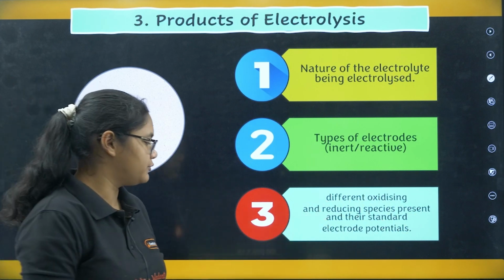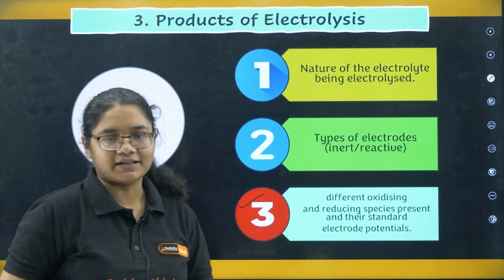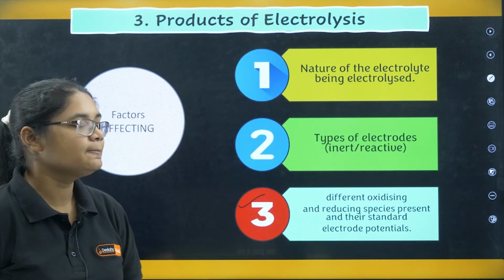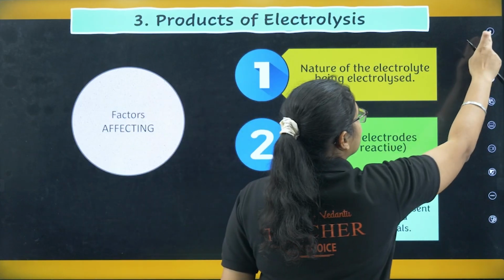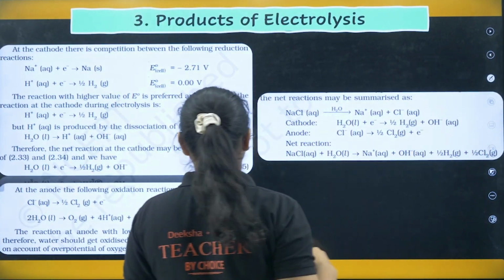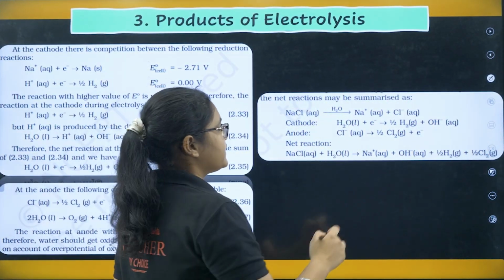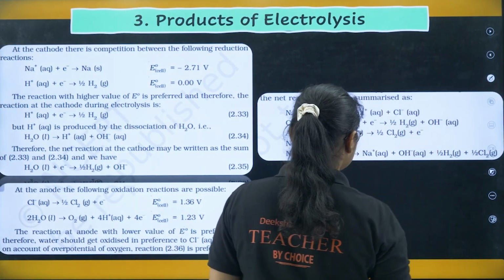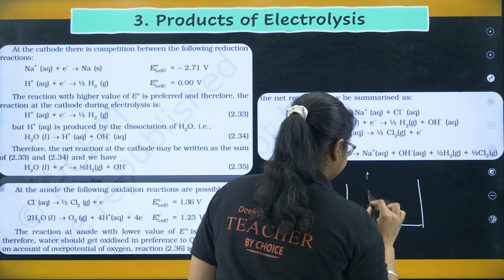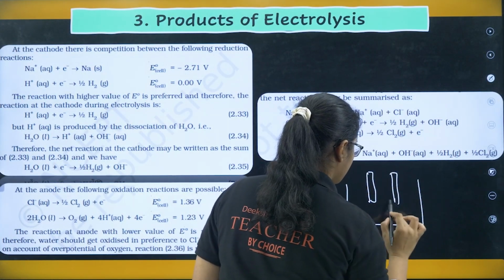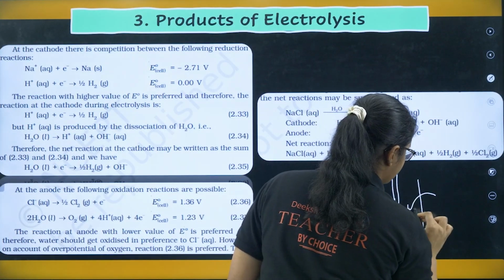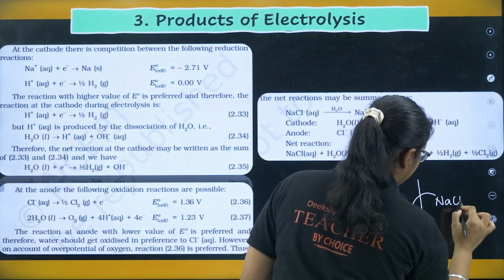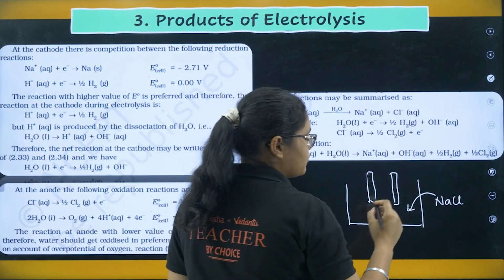So this factor you will understand when I explain with an example. This will be more clear. So we'll talk about the example of NaCl. If I take simple NaCl, you have a solution. Here, what are the ions present?